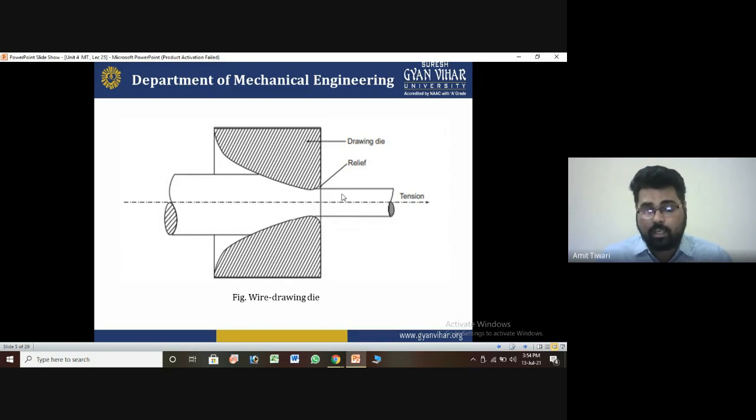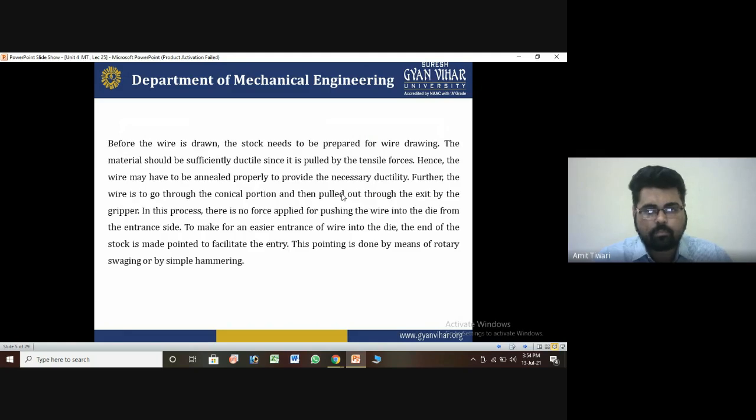That elongation reduces the cross-sectional area of the pipe and converts it into a very standard form, whatever dimension we want to produce.